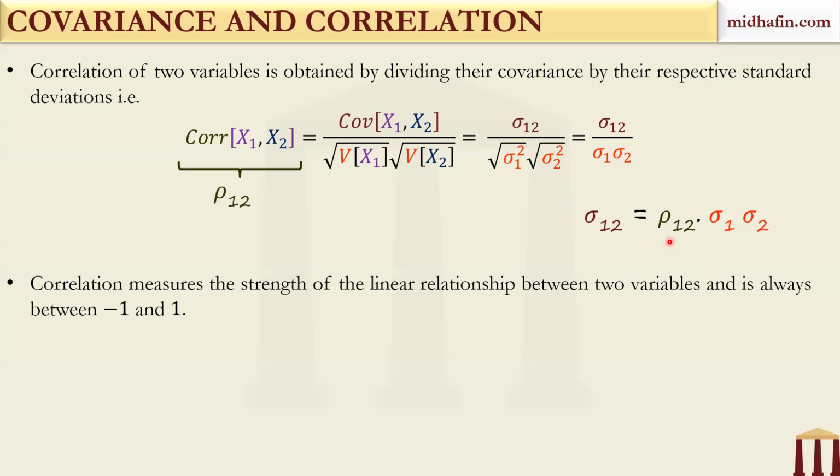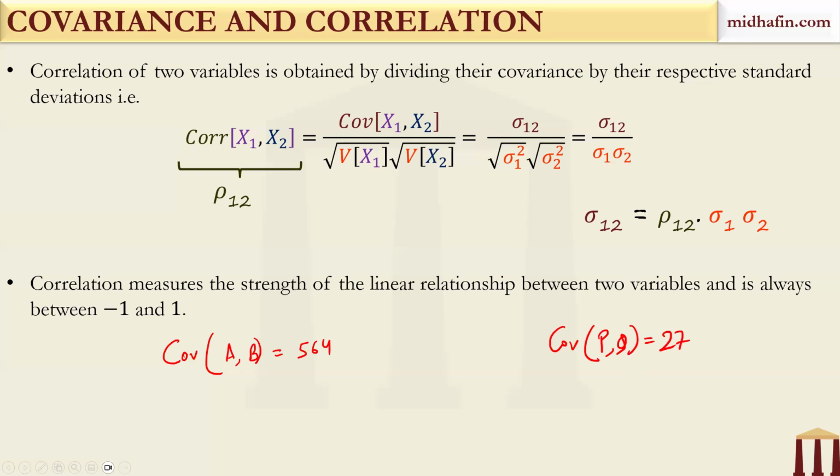Now, why this is important? Because covariance only gives you the direction of co-movement. It does not give you the strength of the relationship. So what do I mean when I say this? Suppose covariance between A and B is equal to 564 and covariance between another set of variables P and Q is 27.